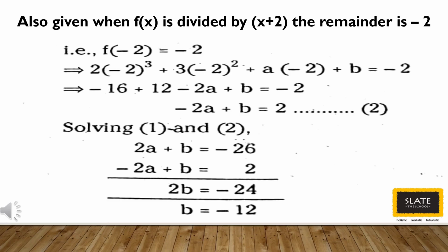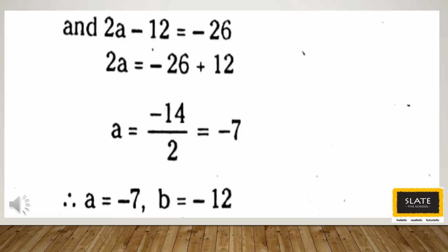The first equation is 2a plus b is equal to minus 26, and the second equation is minus 2a plus b is equal to 2. 2a and minus 2a cancel each other. b plus b is 2b, equal to minus 26 plus 2, which is minus 24. 2b is equal to minus 24, then b is equal to minus 12.